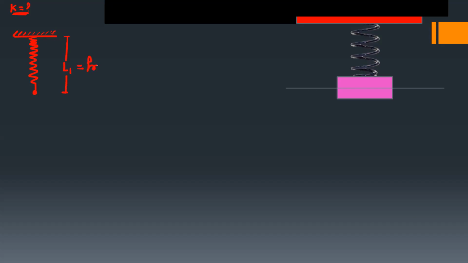This is the free or undeformed length. After connecting the spring with the fixed support, that is a stand, we measure this L1 and then connect the mass. It is a known weight.